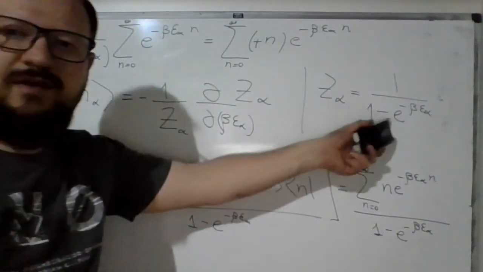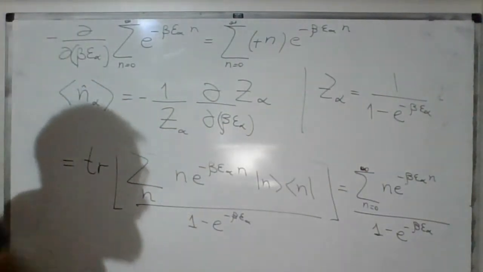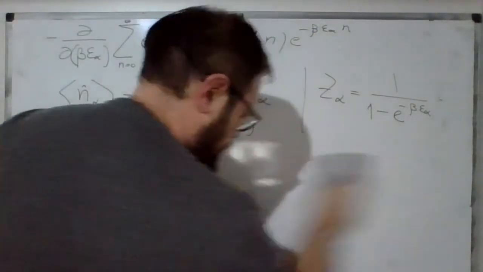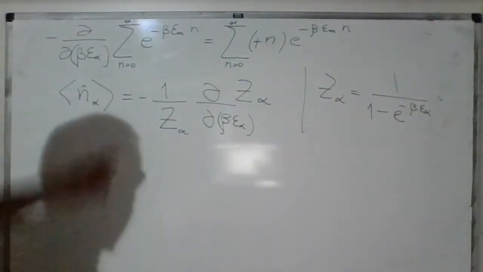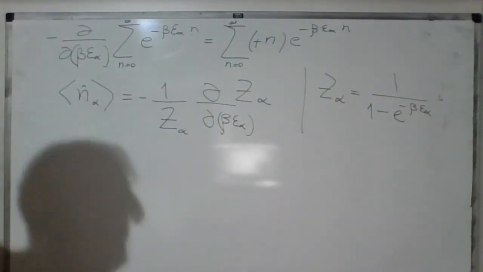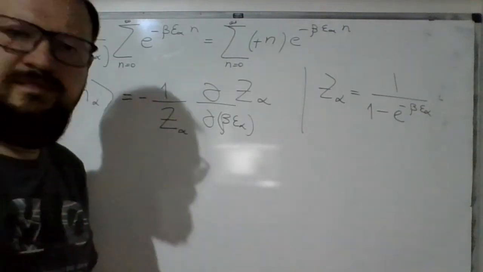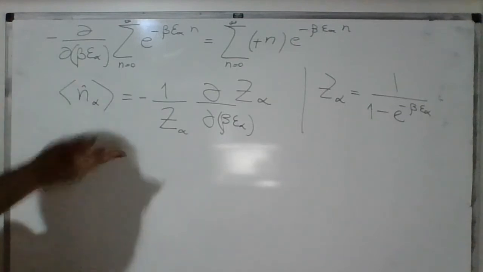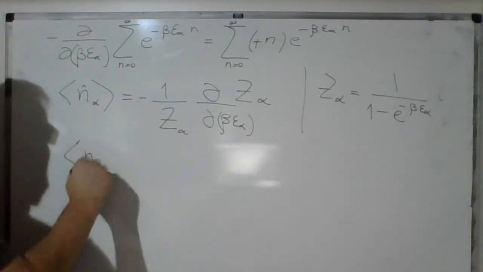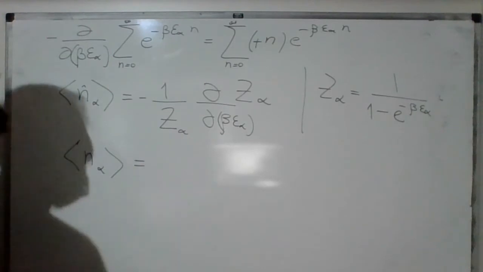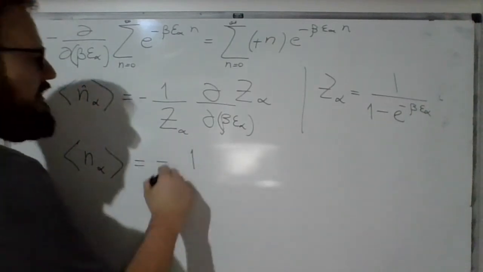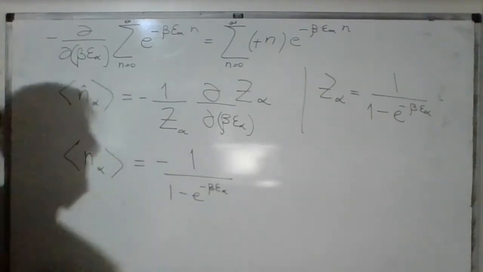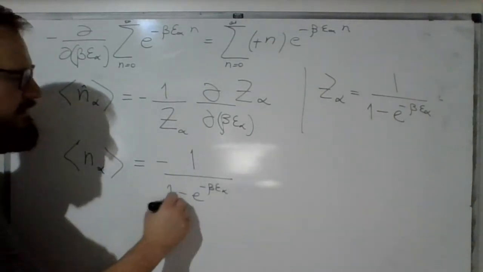We already determined that factor. Now we can calculate the average for the occupation in the state n alpha. This is a distribution for the occupation, and on the average, we have 1 over 1 minus e to the minus beta E alpha, minus.